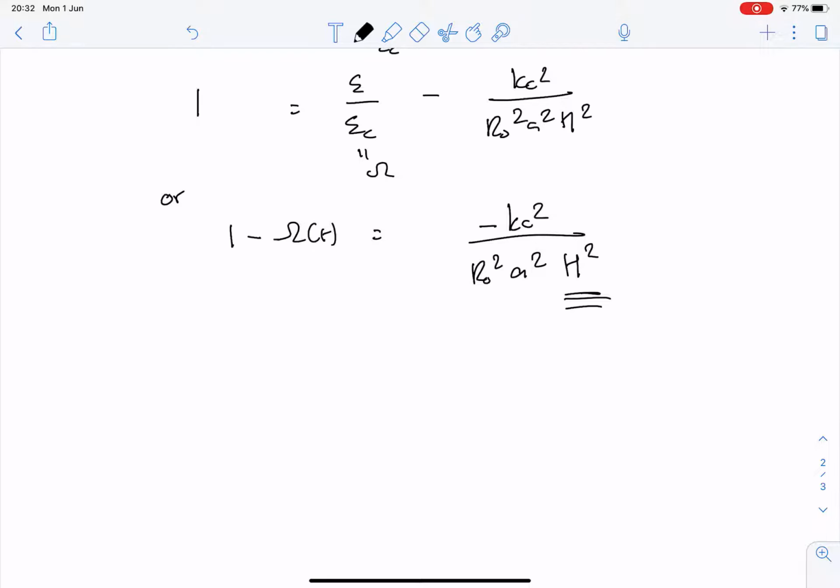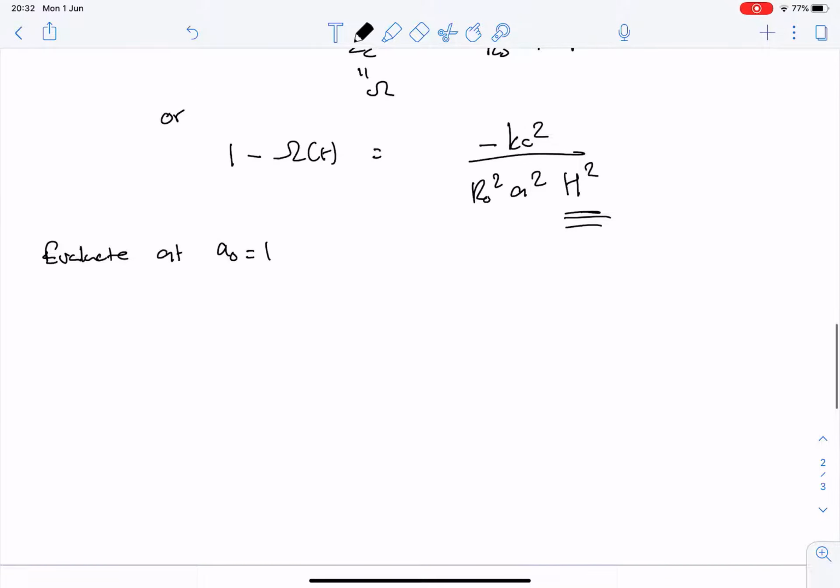So the first thing I'm going to do, I'm going to evaluate this at the current time, at a naught equals 1. And then I can just write that k over R naught squared is equal to H naught squared over c squared into omega naught minus 1. And I can substitute that back into the Friedmann equation.